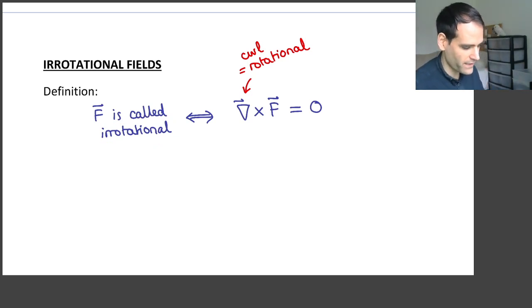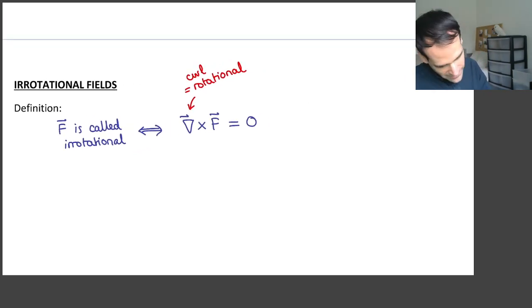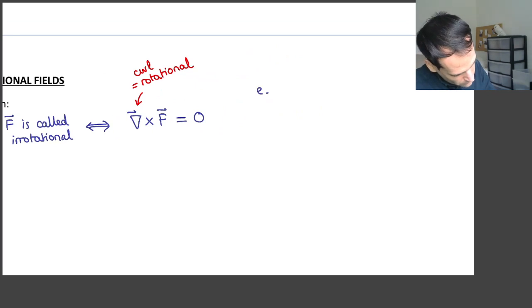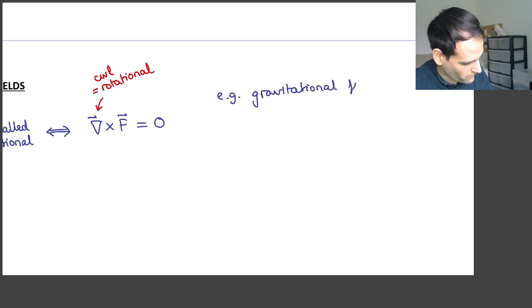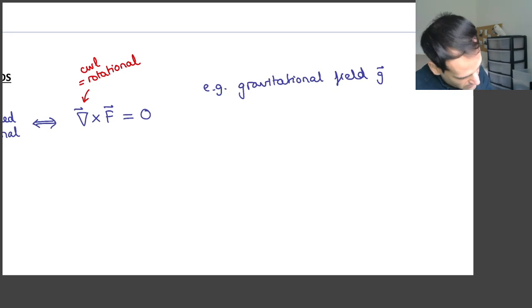Are there some physical examples of irrotational fields? Actually, yes. Example, the gravitational field. Once again, gravitational field G is irrotational, which means that the curl of G is equal to 0.